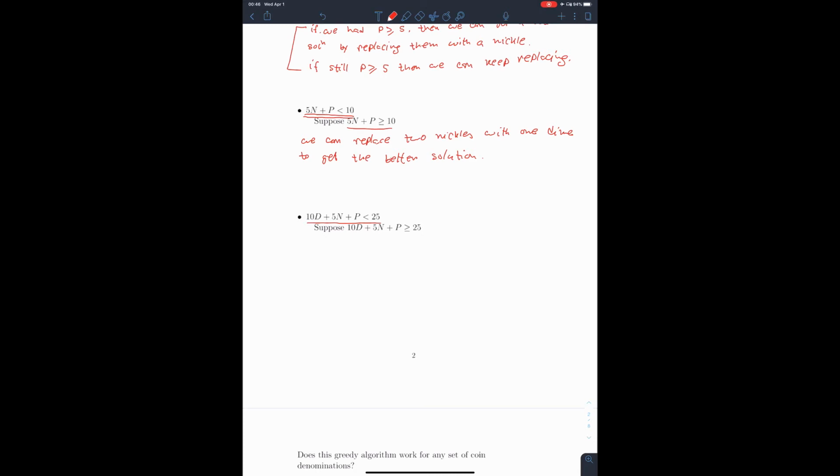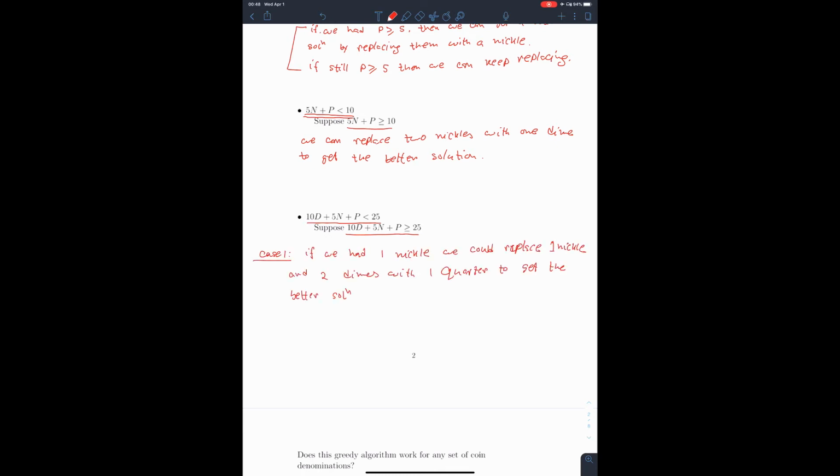What happens if that is not the case? If 10d plus 5n plus p is greater than or equal to 25, there can be two cases. Case 1, if we had one nickel, we could replace one nickel and two dimes with one quarter.